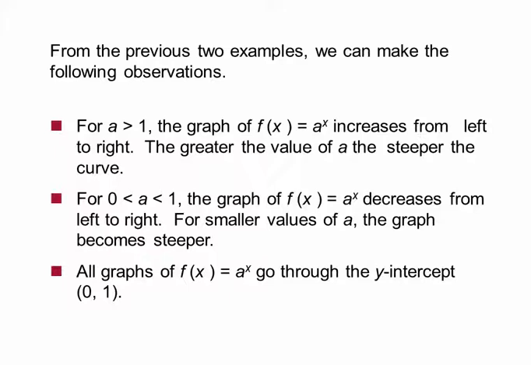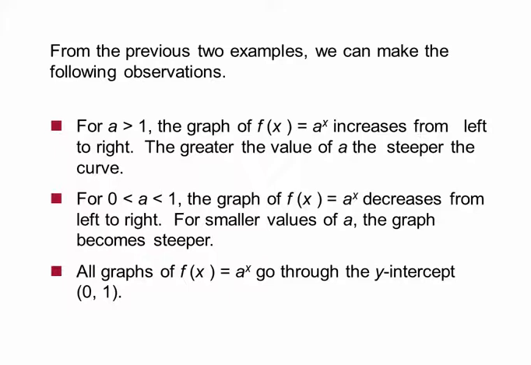But if you have a fraction for a base, or anything between 0 and 1, the graph of it is going to decrease from left to right. So the small values will be as the x values get bigger. That's where it'll get asymptotically close to the x-axis. And on the left is where the numbers will go really, really high.